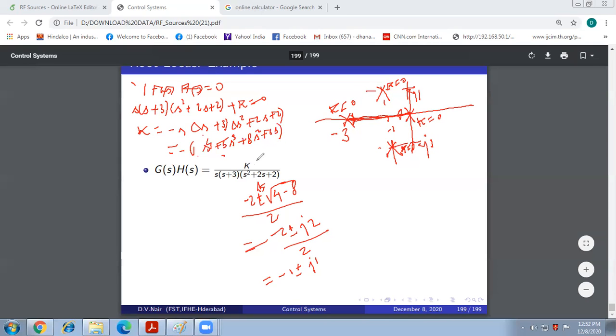So I have this k now in terms of s, and now I can differentiate k with respect to s and equate that to 0. When I evaluate that, I will get some values of s, right?